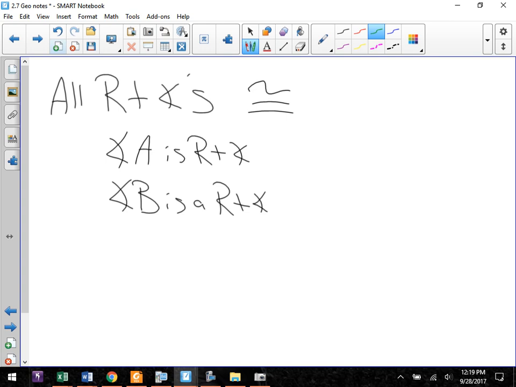We can't really say that about anything else. We can say all straight angles are congruent, but they don't really help us very much. But we know that all right angles are congruent. And that's another thing we'll talk about later on when we get into another progression, one that looks like a perpendicular. We'll talk about that next week.